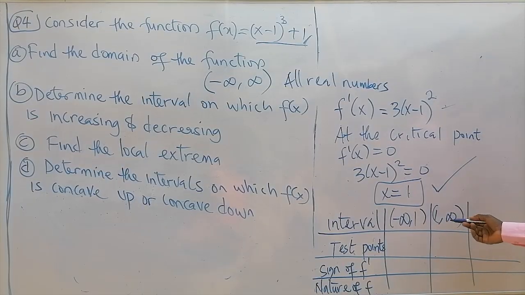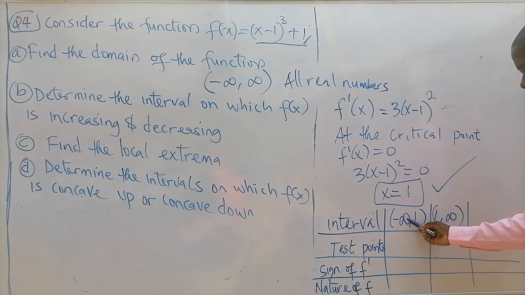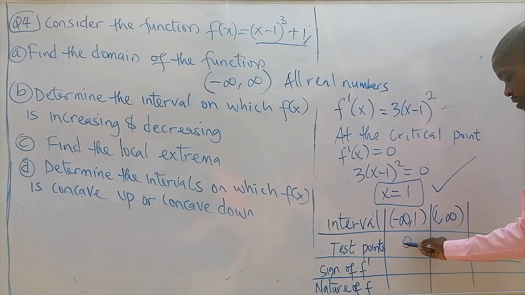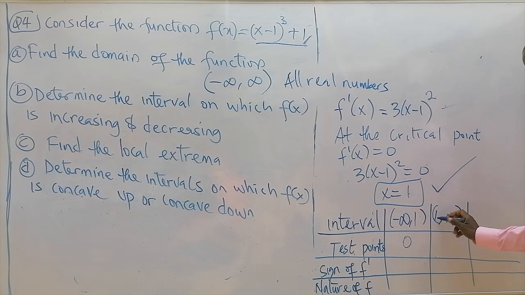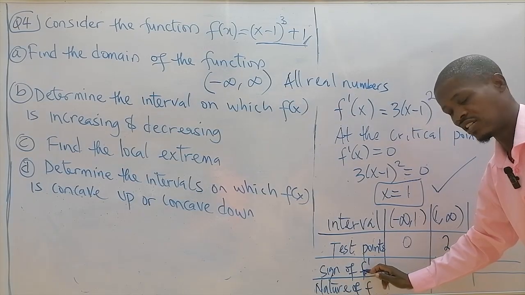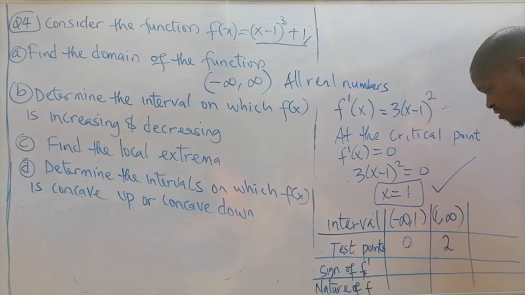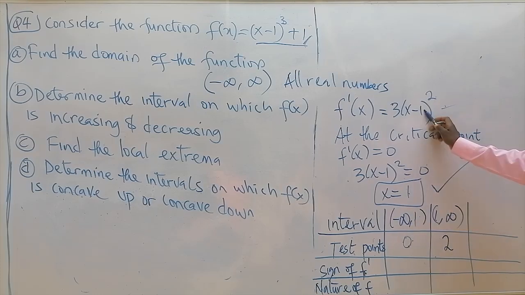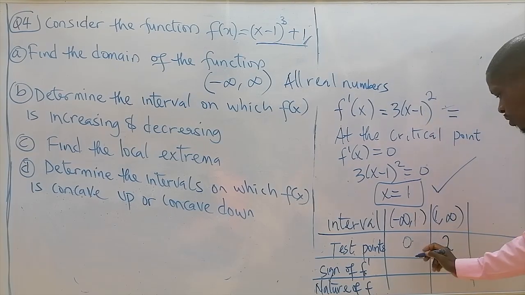Then the test points. We can pick any value between negative infinity and 1, so we can pick 0 as our test point. Between 1 and infinity, we can pick 2 as our test point. Then the sign of the derivative, f prime of x. If you put in 0, that will be positive.